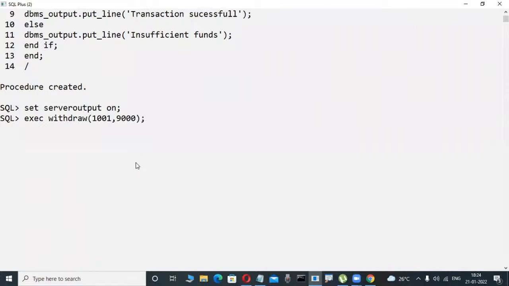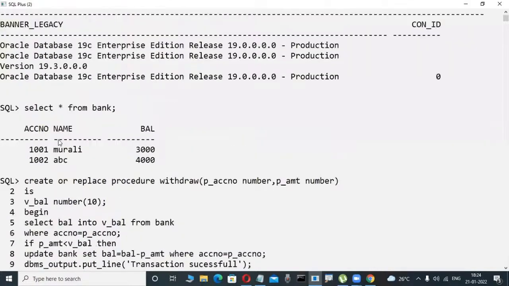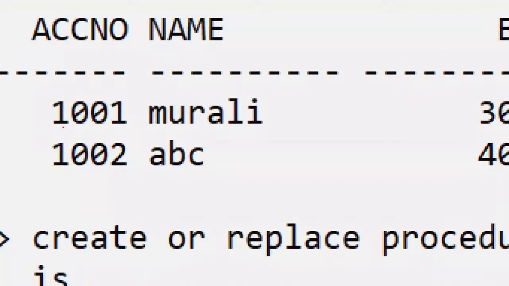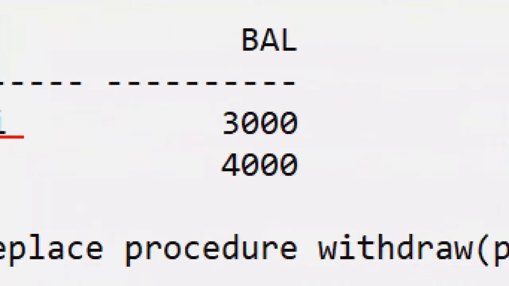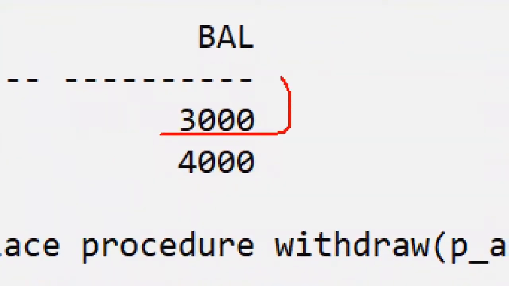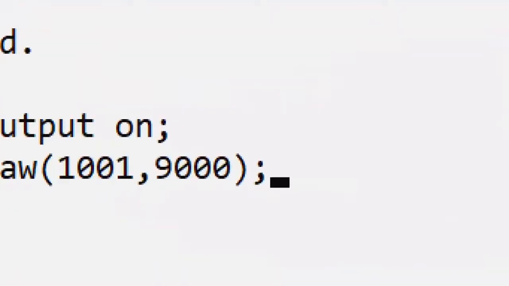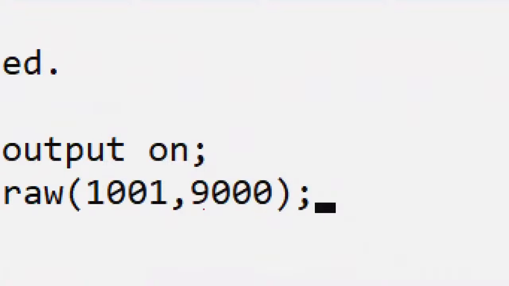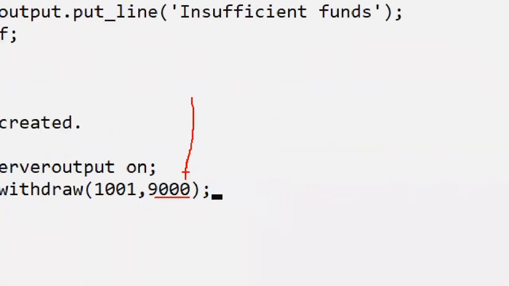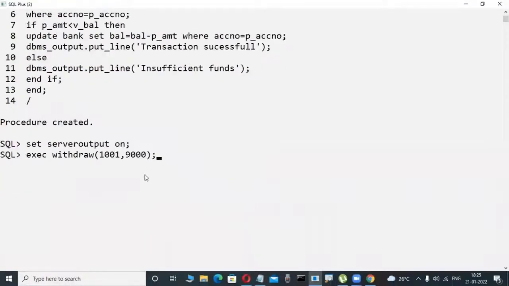Observe here, slowly observe my account number in this table. Scenario logic: 1001 is my account number, Murali is my name. My balance is how much? 3,000. In my table, 3,000 is the current balance. My account number is 1001, but I try to withdraw how much? 9,000. Is that possible?